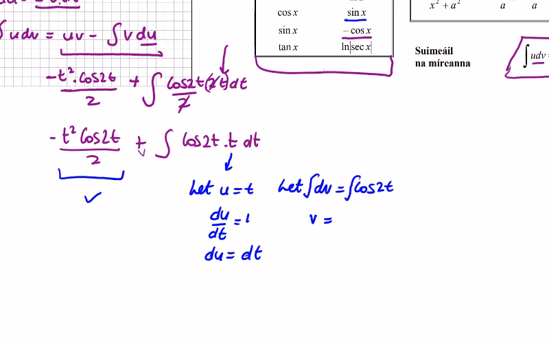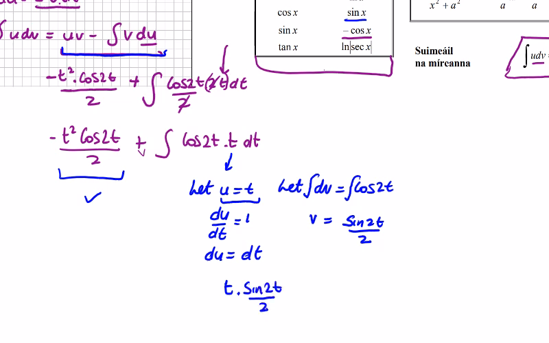So v in this case will be, if we integrate cos, we get sine. We're going to get sine 2t over 2. And if we sub this back into u times v, we're going to get t for u times v, which is sine 2t over 2.